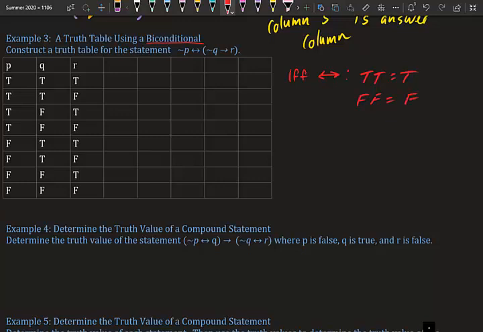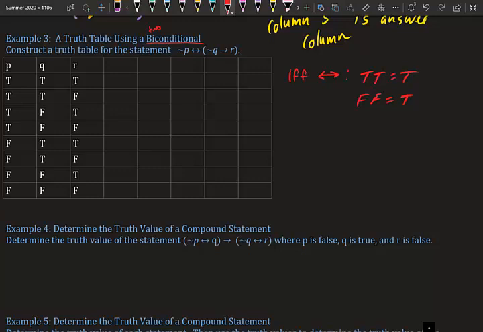So remember how I told you if and only if, it's double F because it's double arrow. So double T and double F, my bad. Double T and double F are true. So that's how it's super easy to remember biconditional, because biconditional, bi means 2. So you have 2 arrows, and then you need 2 T's or 2 F's.